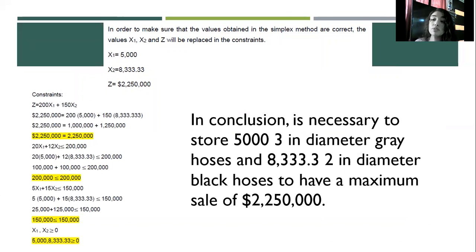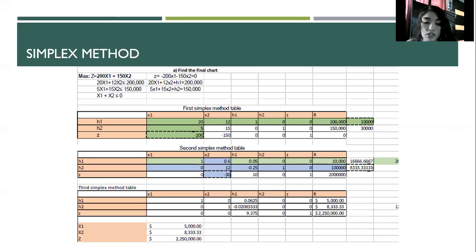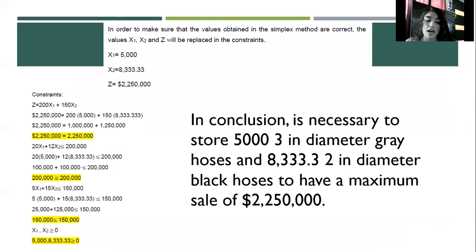Well, that quantity of money is going to be the maximum sale. So in order to make sure that these calculations are correct, I put this data in the constraints, the limitants, and it met the comparisons.